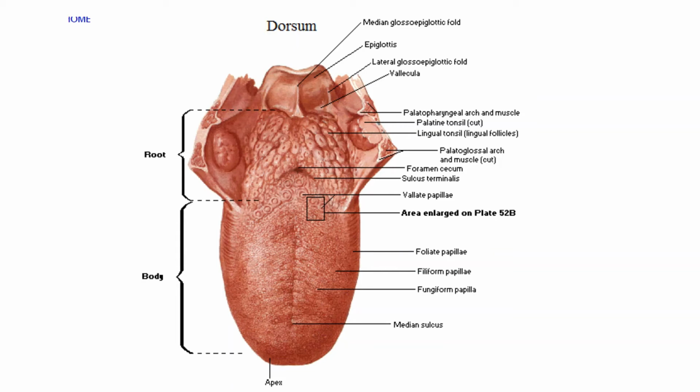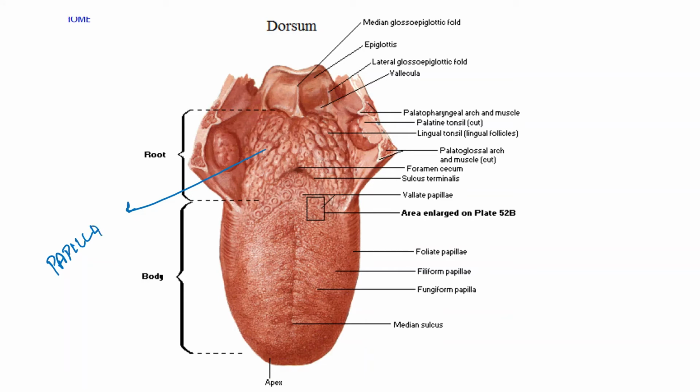The base of the tongue is covered by the mucous membrane and is devoid of papillae. The posterior one-third of the tongue does not contain papillae at all.